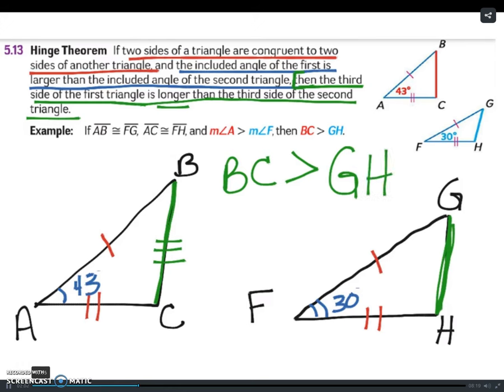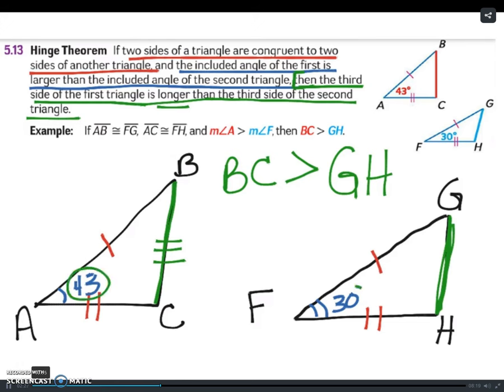All we're interested in here is being able to tell which triangle has the larger third side. If triangle ABC is the first triangle and FGH is the second triangle, that's all fine and dandy. What we're really interested in are these included angles.